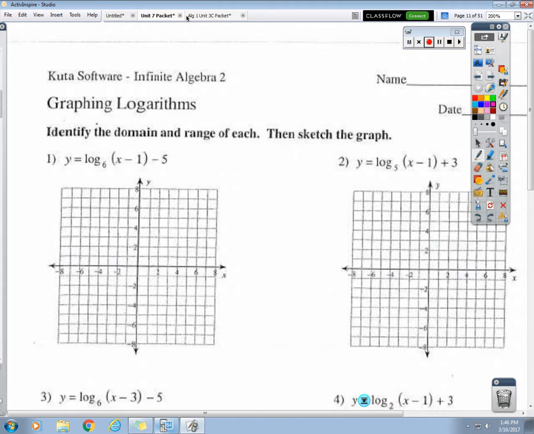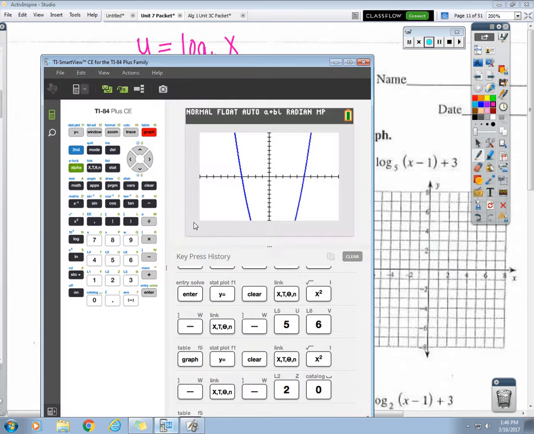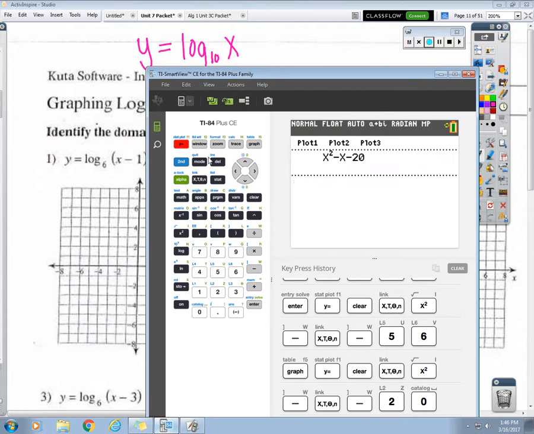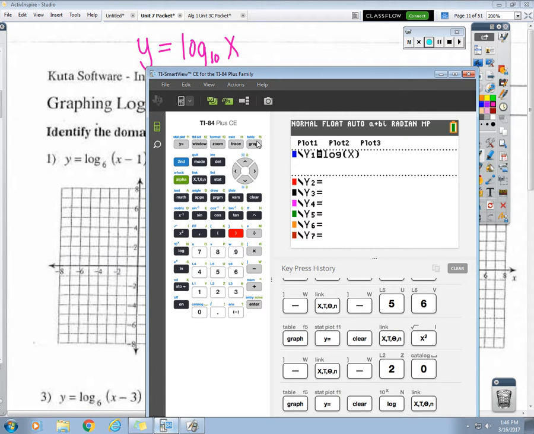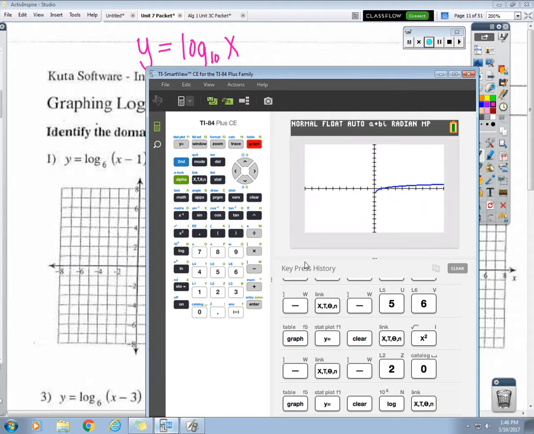One thing you need to realize is the parent function of a log function is just log base 10 of x. That is your parent function for a logarithmic function. So let's look at what that looks like on the calculator. Y equals, see this word right here, log, and then if you put in x and you graph it, that's what a parent function of a log looks like.